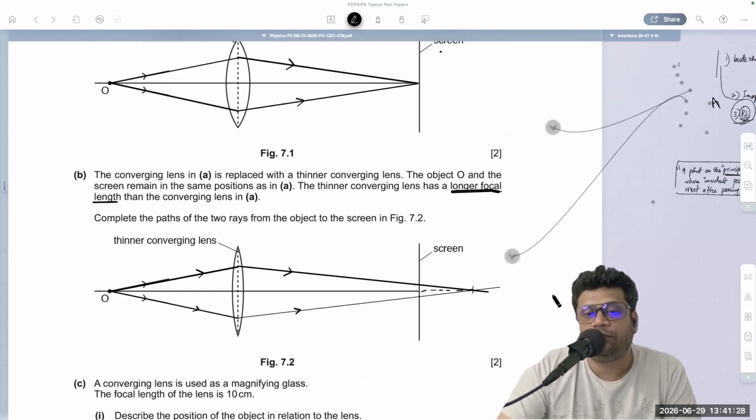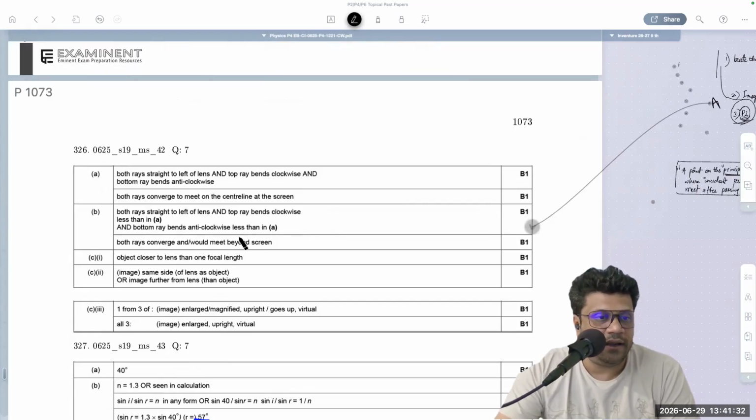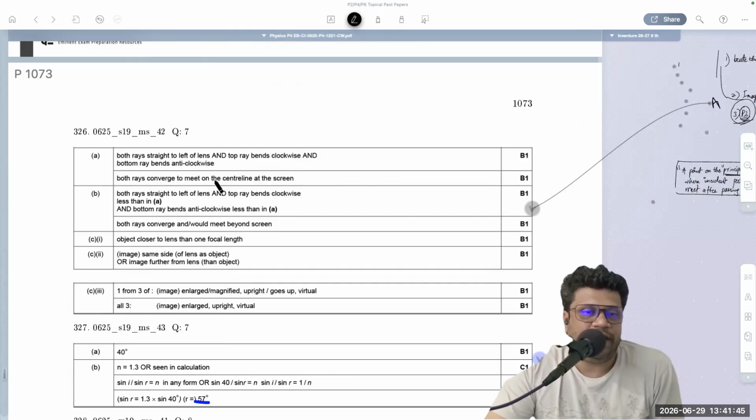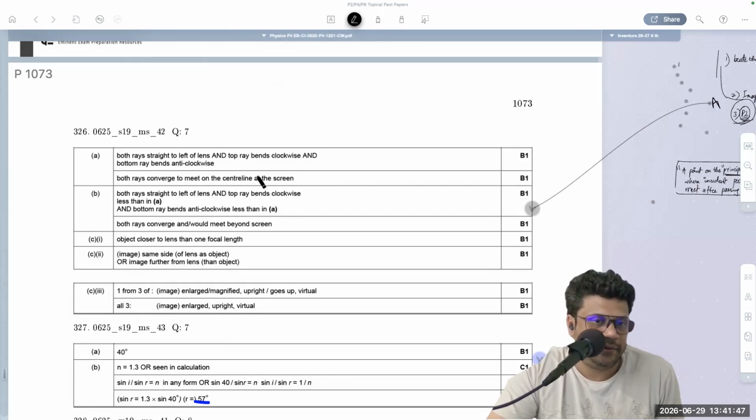So let's look at the marking scheme for it. Part A: both rays straight to the left of the lens, the top ray bends clockwise and the bottom ray bends anti-clockwise. Both rays converge to meet on the center line at the screen.